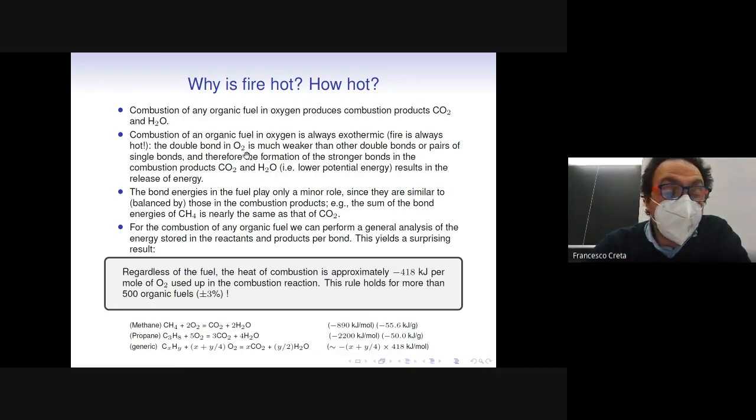In fact, the O2 double bond in the oxygen molecule is the ultimate cause of the exothermicity of the reaction. Why? Because O2 is a weaker bond than other double bonds or pairs of single bonds. So the formation of stronger bonds in the combustion products always results in a release of energy.